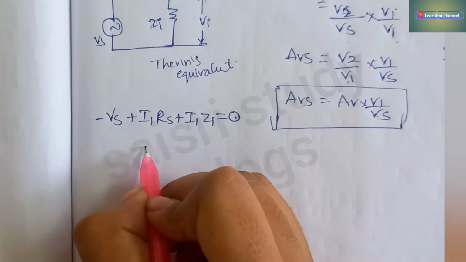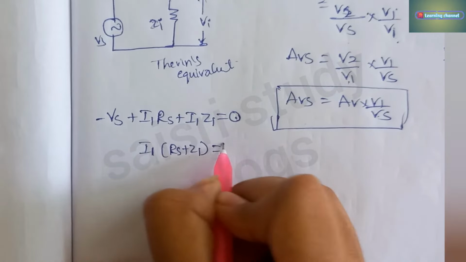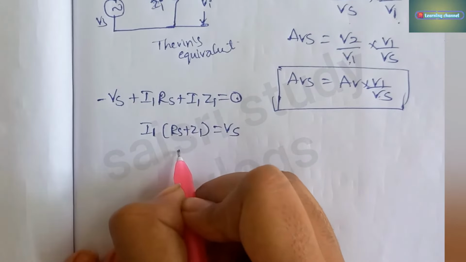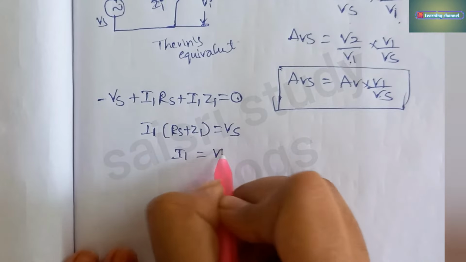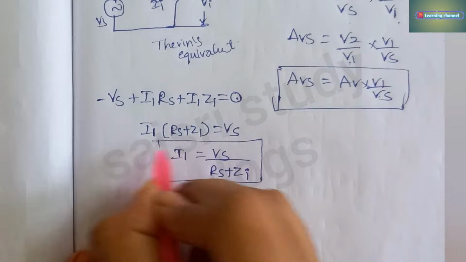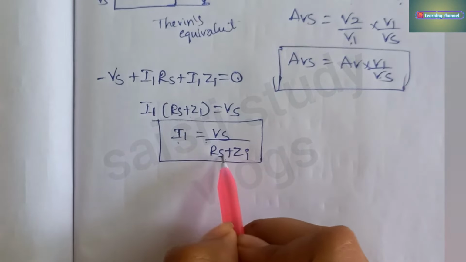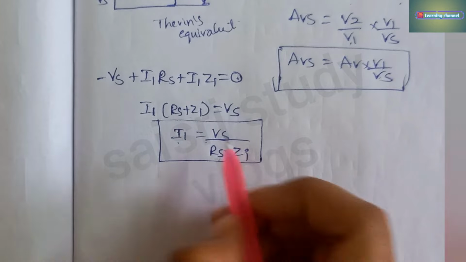So from this equation, taking I1 common, Rs plus Zi is equal to Vs. So I1 is equal to Vs by Rs plus Zi, that is Vs by the total resistance Rs plus Zi.